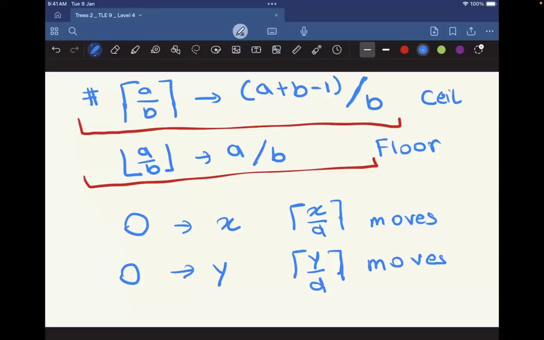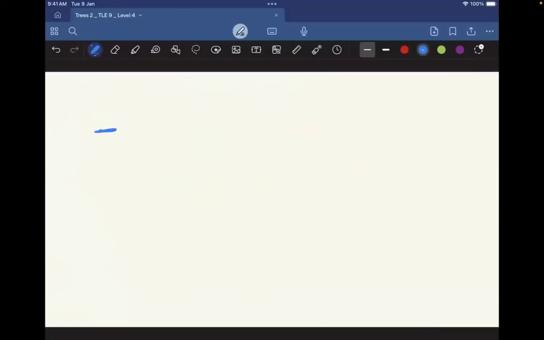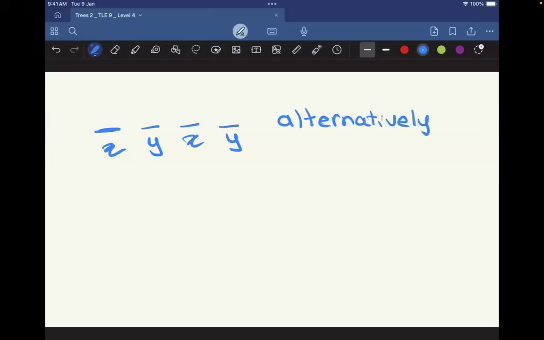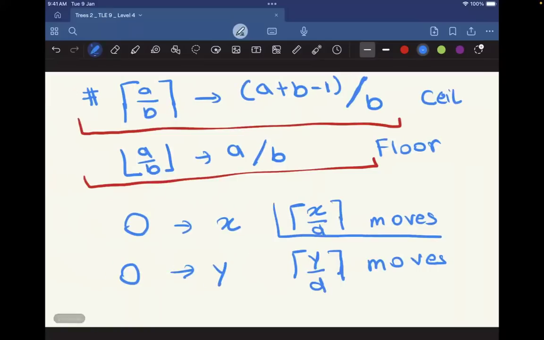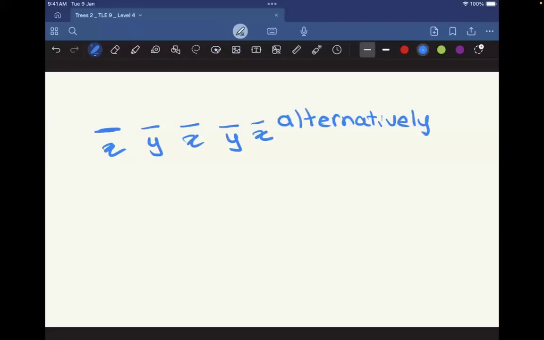Okay. So, guys, there are some cases. Since we need to do this X move, Y move, X move, Y move continuously, alternately. Yes. So, do you agree that if I am doing X by D moves for the X axis, let's say I'm doing 3 moves for the X axis, I have to do at least 2 moves for the Y axis?